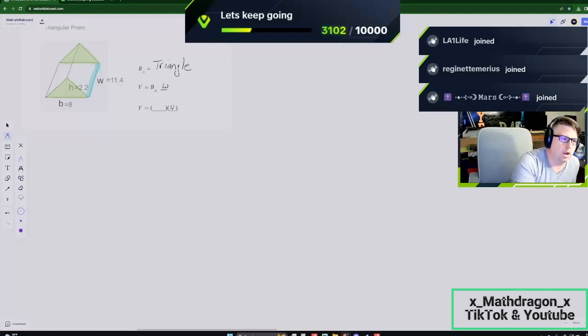And because we have a triangle, that's going to be 1/2 base times height. So we have a base area times a width this time. Our base area is going to be 1/2 base times height, and then times our width.